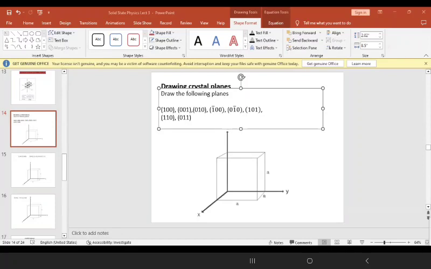PS 112, please try to draw the unit cell. You can't just draw the plane. You have to draw the unit cell. But your plane is correct. You have to draw your diagram within the unit cell. BS 53, yes, you are right.